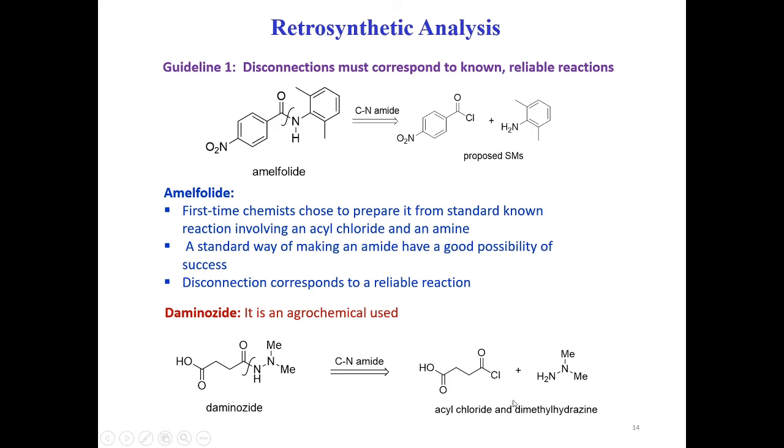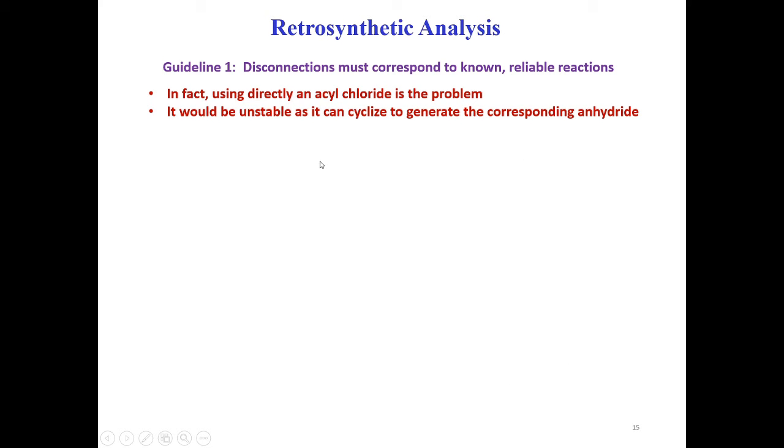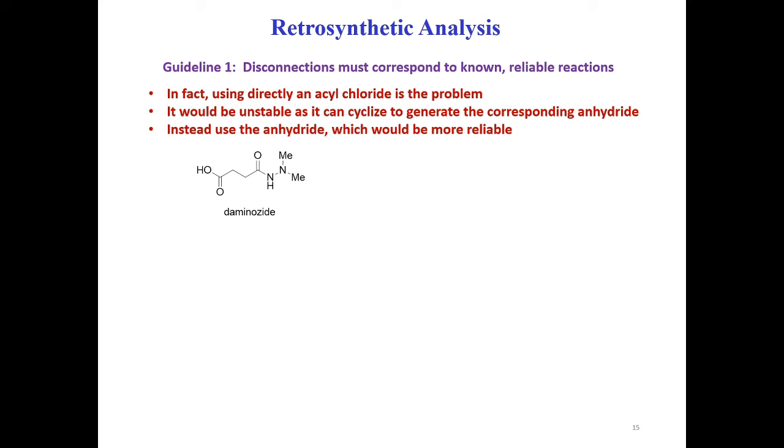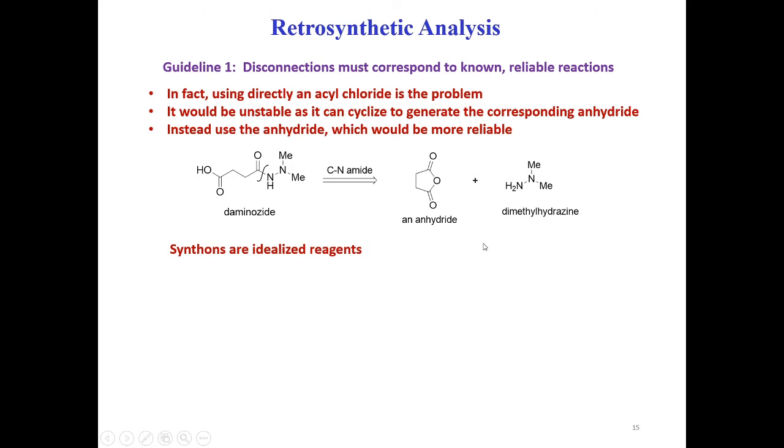But in this case, using the acid chloride is a problem because it is unstable and can cyclize to generate the corresponding anhydride. Instead, using the anhydride is very useful and more reliable. So when you disconnect this C-N amide bond, you have the corresponding anhydride plus dimethyl hydrazine.